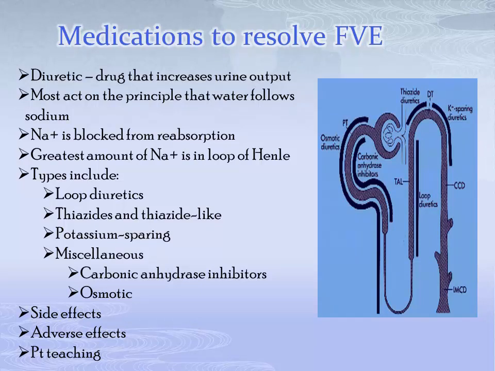If we get rid of too much sodium, then we're likely to see lethargy, change in level of consciousness. If we get rid of too much potassium, we're likely to see muscle weakness, tachycardia. And if we get rid of too much volume, then we're likely to see hypotension.